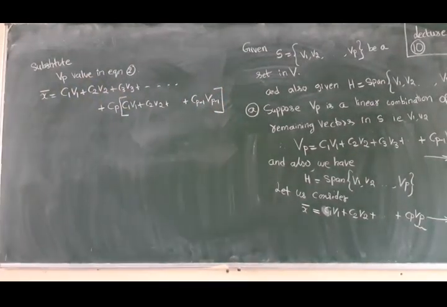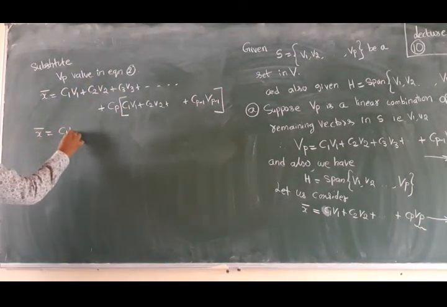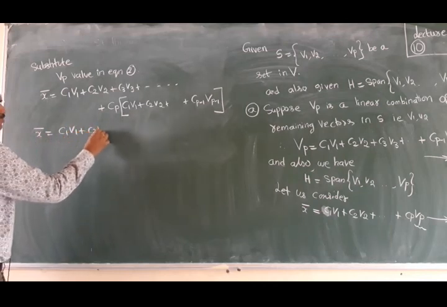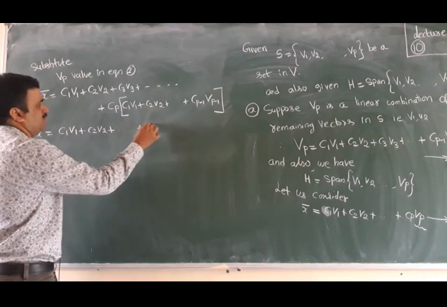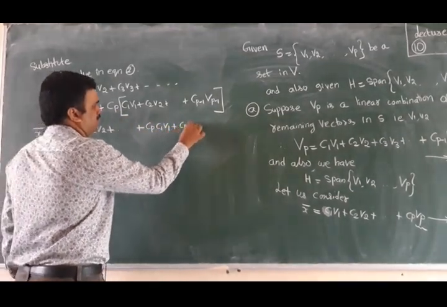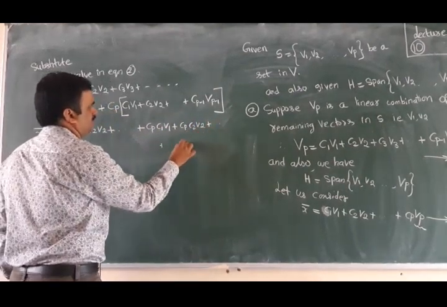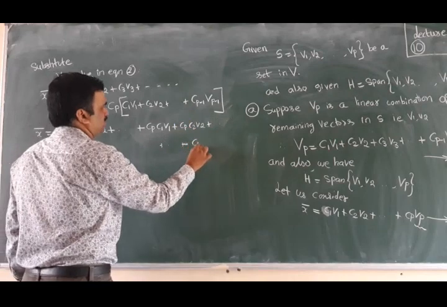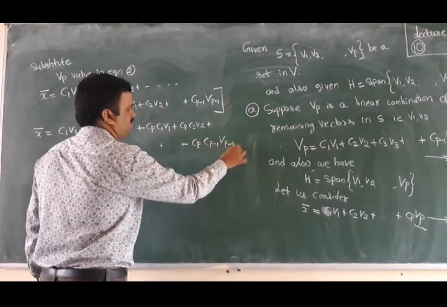Now we'll simplify this one. X bar equal to C1 V1 plus C2 V2 plus so on, plus Cp C1 V1 plus Cp C2 V2 plus so on, the last term being Cp Cp minus 1 Vp minus 1.